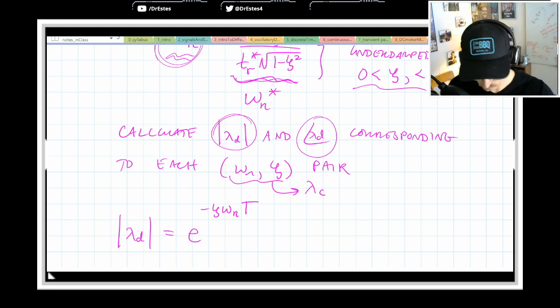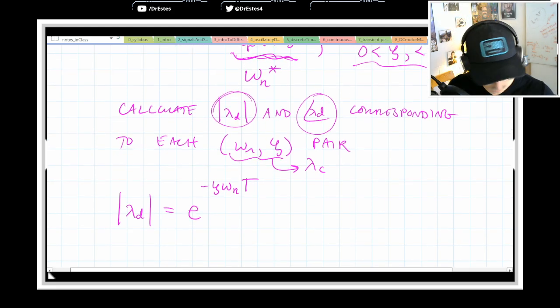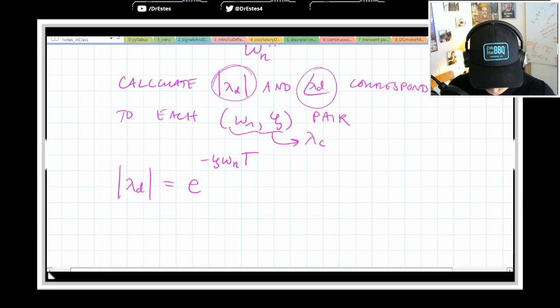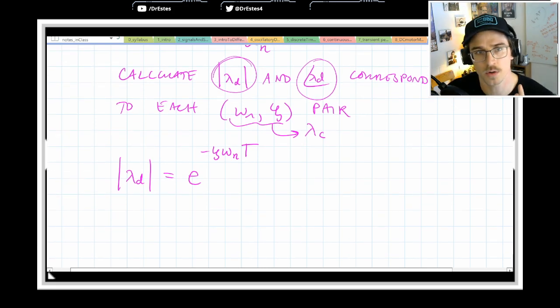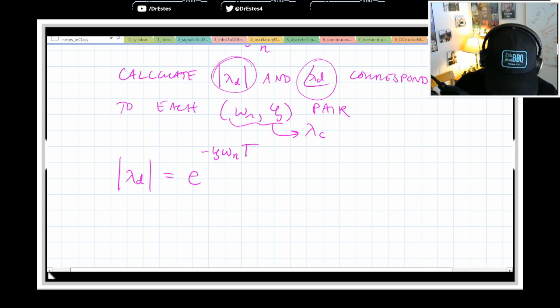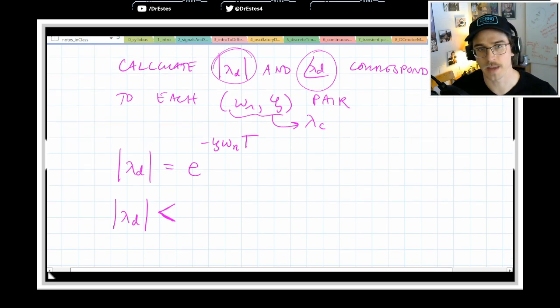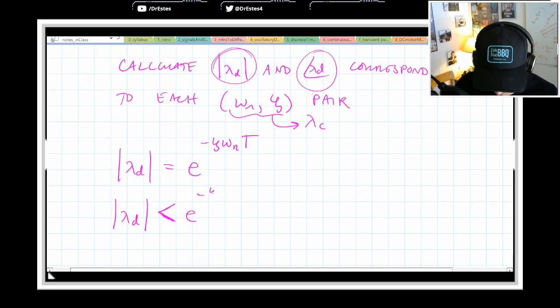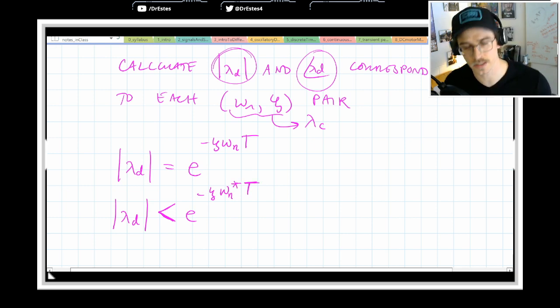And since we know omega n has to be greater than something, this is going to mean that the magnitude has to be less than e to the minus zeta omega n star times T. And let me explain why it's less than.